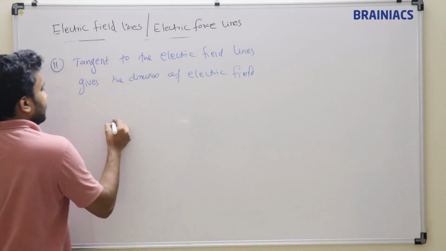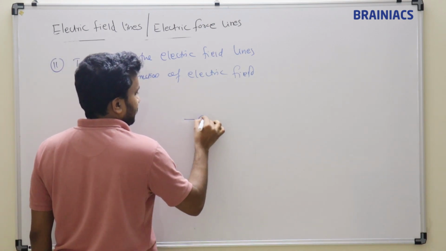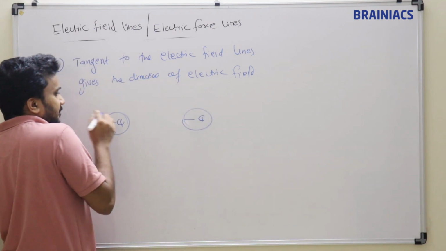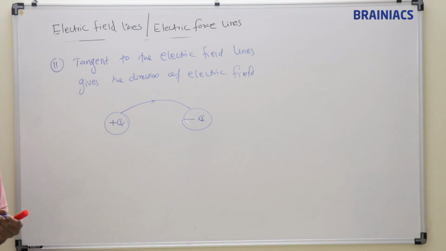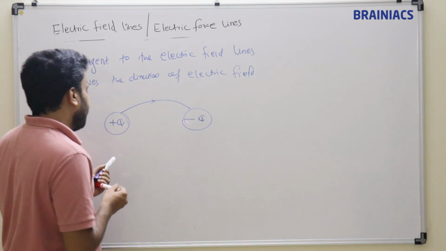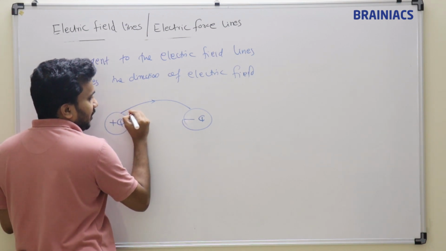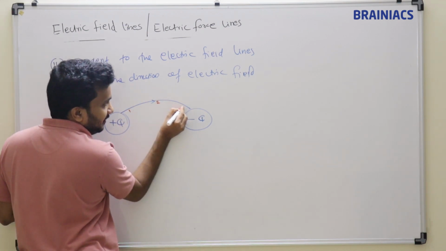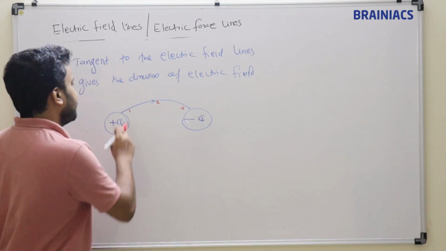Which means, suppose I have a plus q, and a minus q charge is also there. Let me take one electric field line like this. This is the path of the electric field line. If you are asking what is the direction of the electric field, I am marking 3 points, number 1, number 2 and number 3.